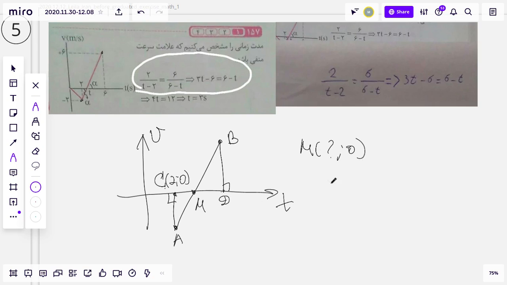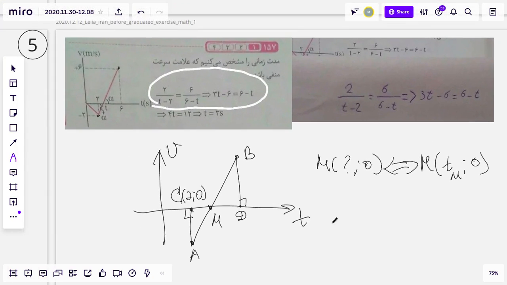That's why we must find this time, time M.